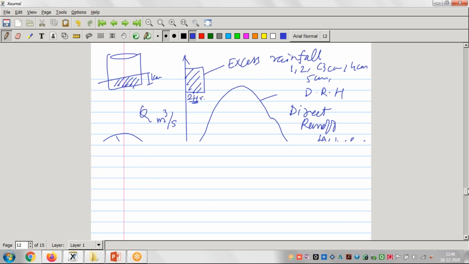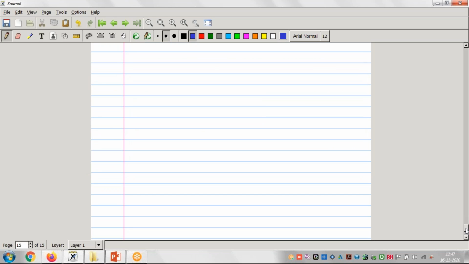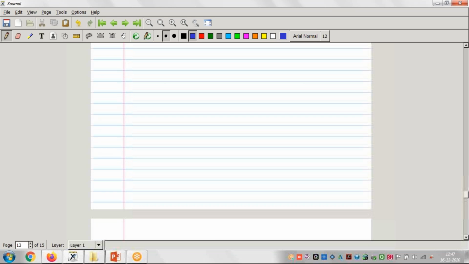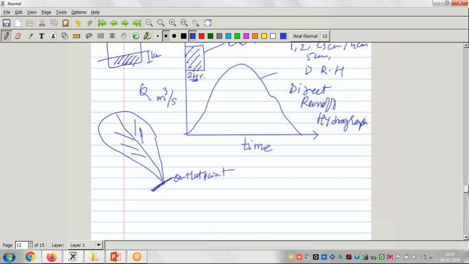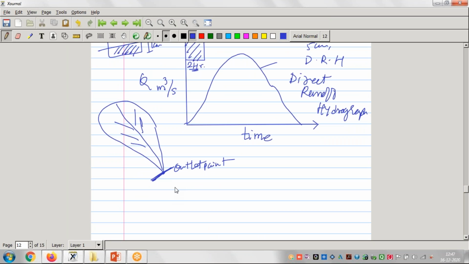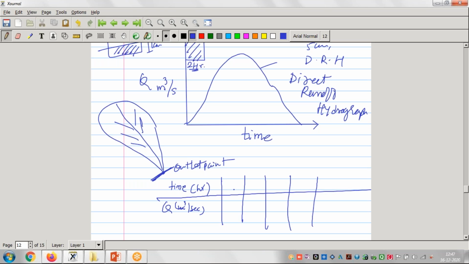For example, the discharge is collected at the outlet point at different times. Q is in meter cube per second, and time is in hours.